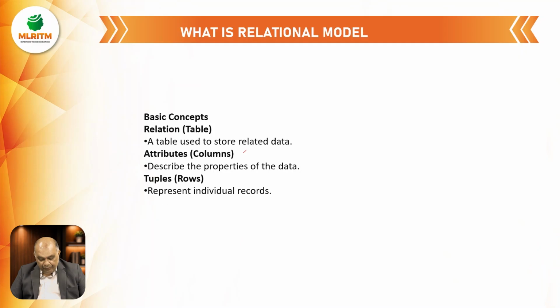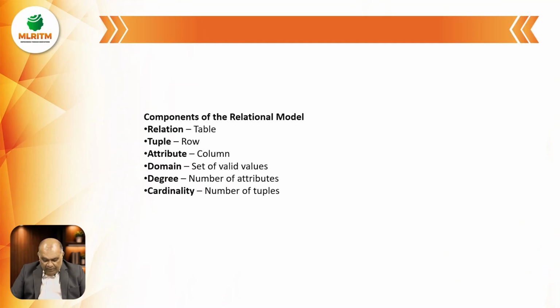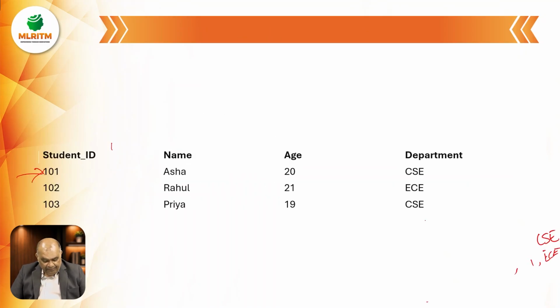So a tuple is a row, an attribute is a column, and a domain is a set of valid values. Here you can see I have defined 101, and 101 is a valid value for student ID.